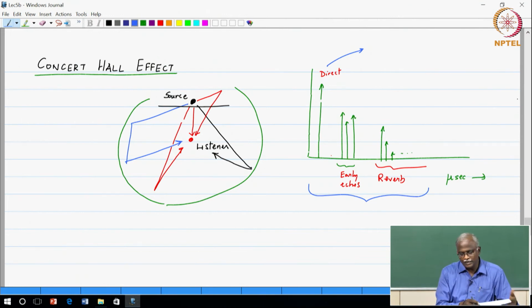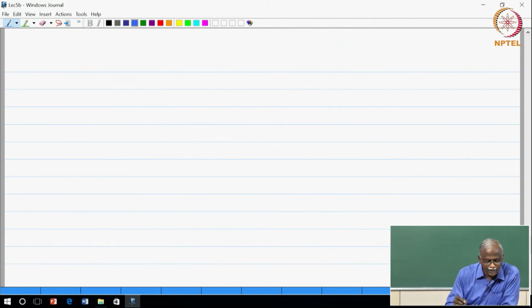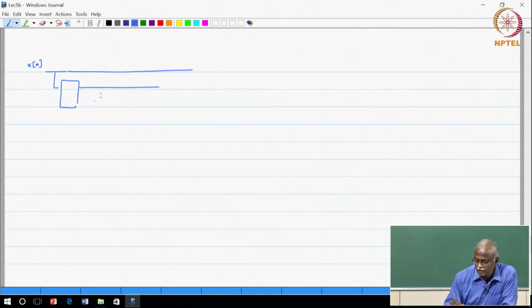So, multirate signal processing comes into play when we say that I take the sample signal x of n, there is a direct path, and then there is a bunch of different delays from which we will get the early echoes.